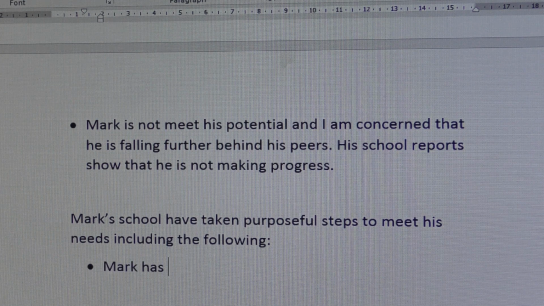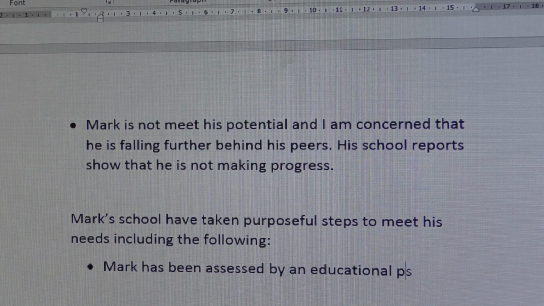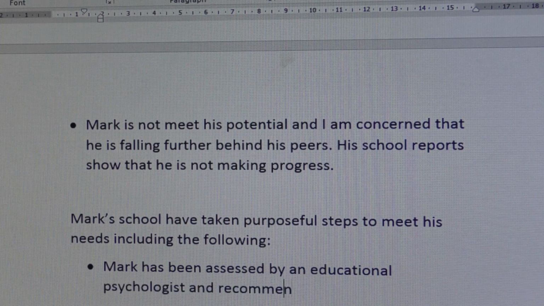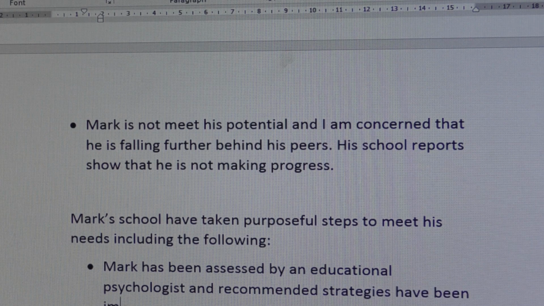Mark has been assessed by an educational psychologist and recommended strategies have been implemented.